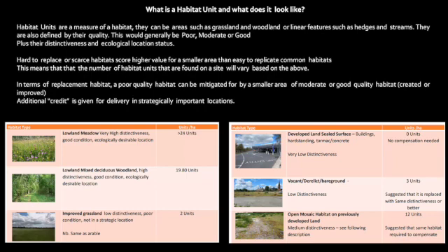It's all the same type of quality and structure. So improved grassland has low distinctiveness. It tends to have poor condition because it's not floristically diverse. And if it's not in a strategic location, then the same hectare is only worth 2 habitat units.